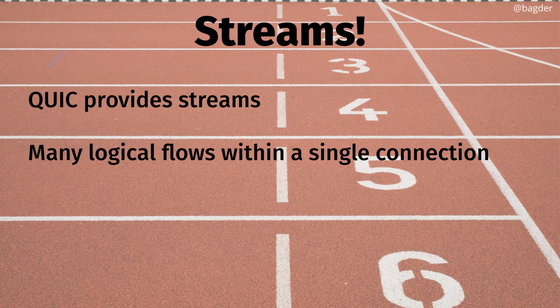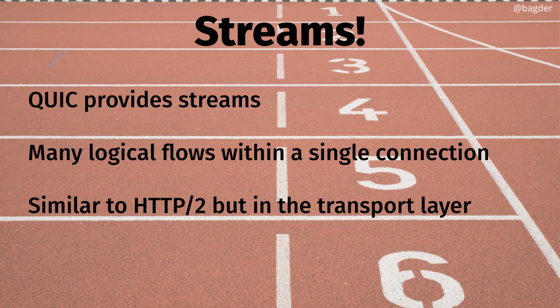They are independent, so if one stream has a problem, the other streams can continue. Previously we had that in HTTP2, but not in the transport layer. If we drop packets that belong to one stream, the other streams can still continue uninterrupted.